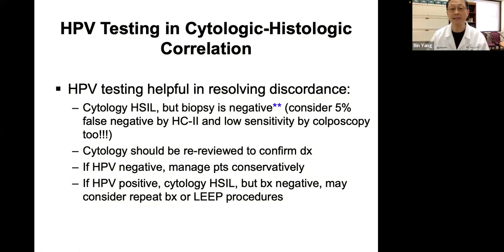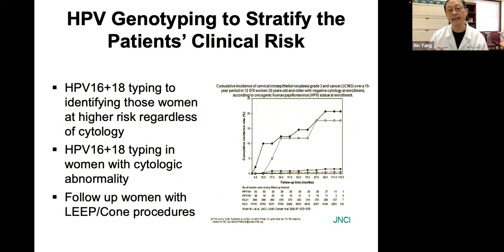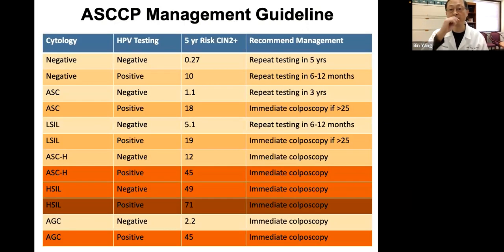We have several cases like that. Usually these are older women, near or in the perimenopausal or postmenopausal period, and HPV 16/18 positive, followed by the LEEP procedure, like I mentioned.